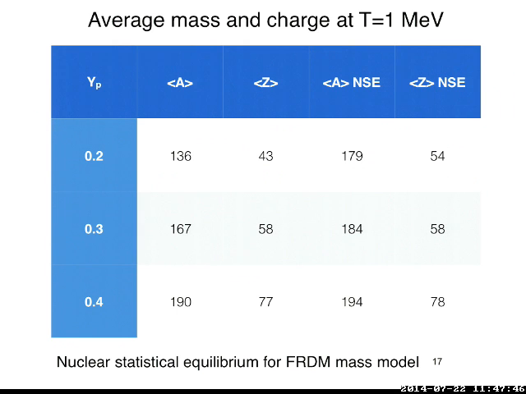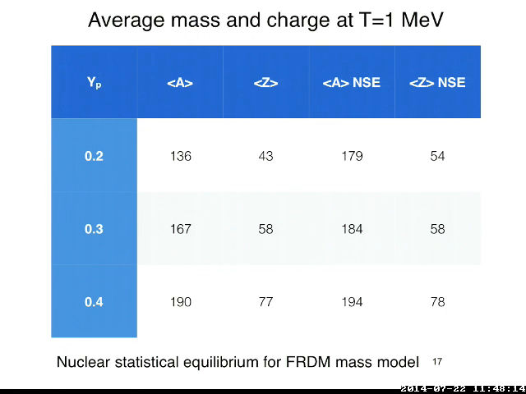So here's just some average mass and charge. For example, just look at the last row. So 40% proton fraction, average mass was 190, the average charge is around 77. And that's in remarkable agreement with a typical nuclear statistical equilibrium calculation based on a finite range droplet model mass formula.